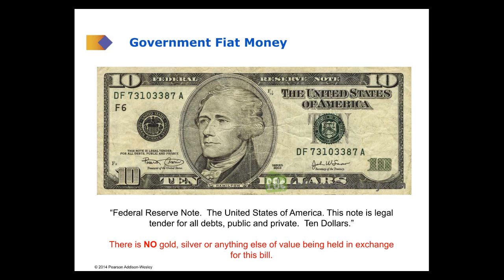But since 1971, in the United States, we've had a fiat money, a money that is not backed by any commodity, not backed by gold, silver, or really anything of value other than the promise of the United States government that it is money and it can be used as legal tender and to pay debts.